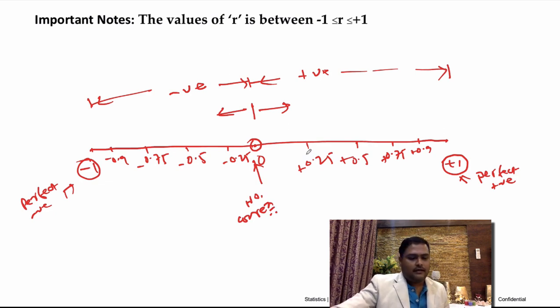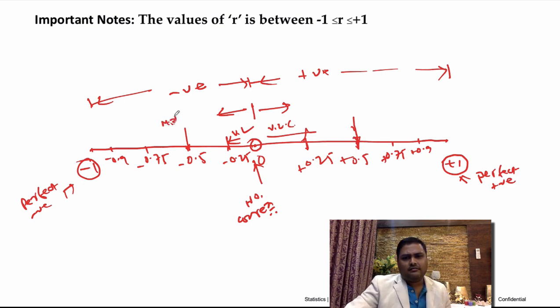Now if I am getting 0.25 and all, I will say very low correlation is existing, very low positive correlation or very low negative correlation. The moment I am getting close to 0.5 value, plus 0.5 or minus 0.5, I will say it has moderate negative correlation and it has moderate positive correlation.